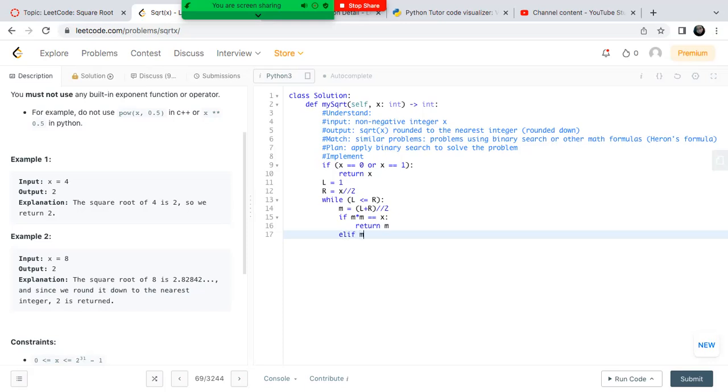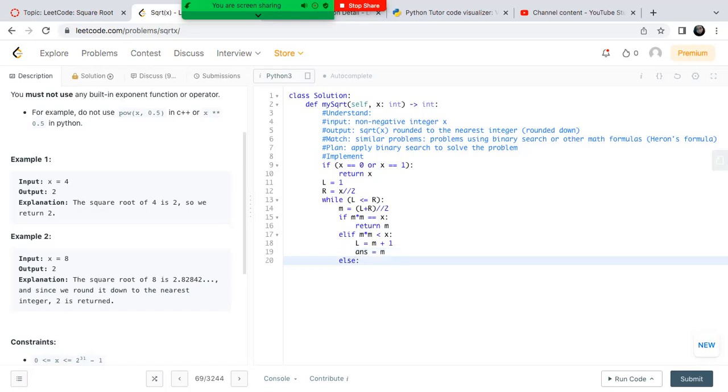And then if m times m is less than x, then we want to look at the right-hand side. So we set the left interval bracket to m+1, and we store the answer as the midpoint.